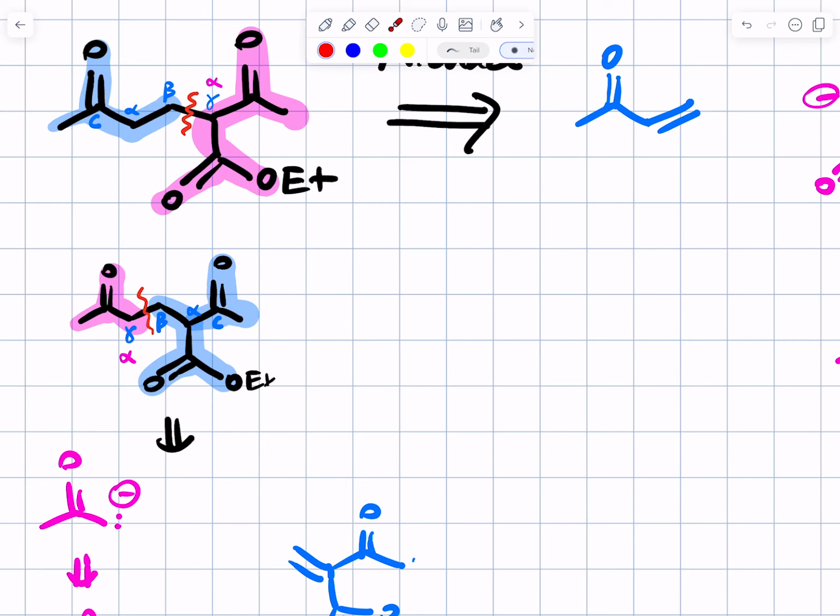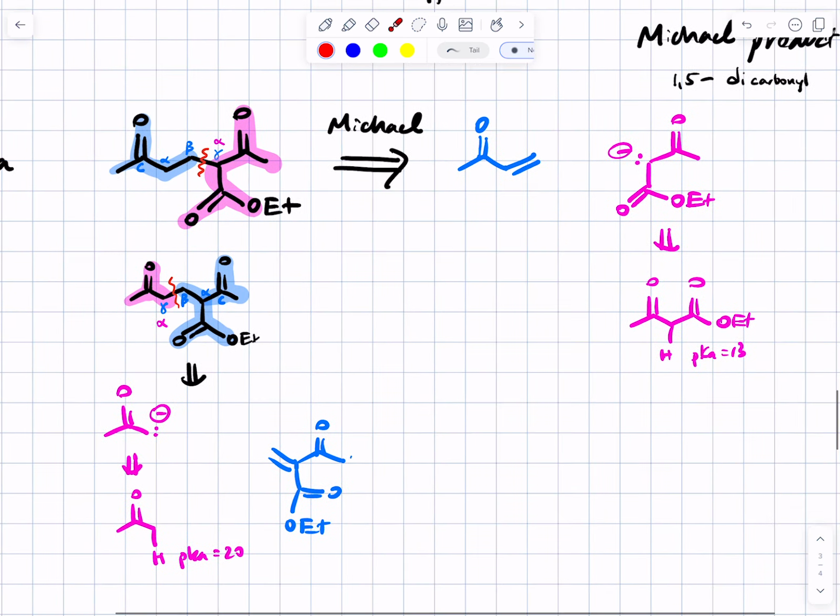Yeah? I think if you look at the answer from the text, the only answer is this one. I walked through this because some of you were likely going to do this problem, come up with this answer, and then wonder why is it wrong. Yeah, and the answer is it's better to do it this way because you use an enolate that's easier to make.